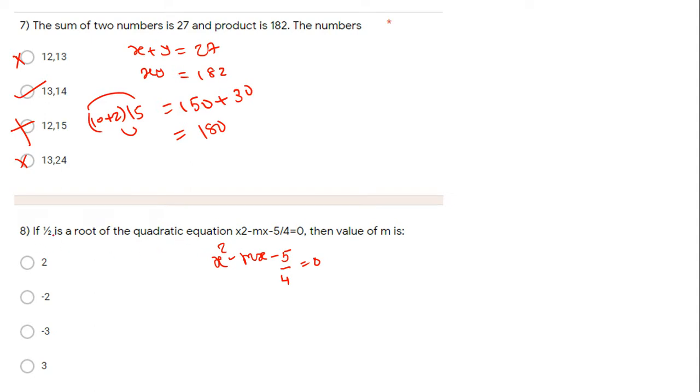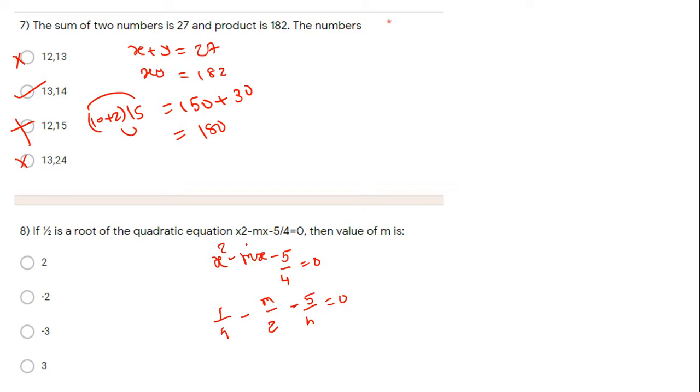So 1 by 2 is the root, then instead of x we have to put 1 by 2. 1 by 2 square is 1 by 4, minus 1 by 2 into m, so m by 2, minus 5 by 4 is equal to 0. And now you can easily simplify these things.